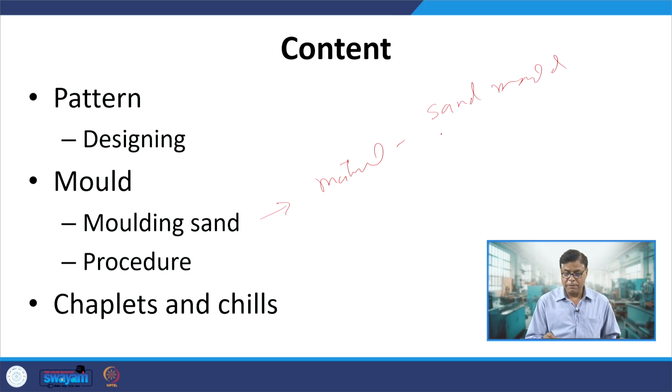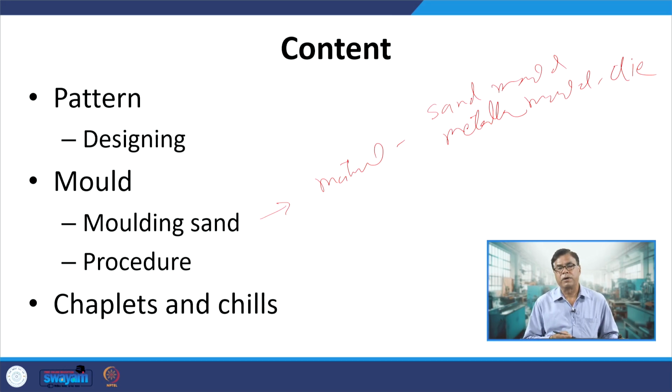But metallic molds, which are called dies, are used when the variety of designs is very limited and the number of units to be produced is high. Additionally, the quality requirements are also high in terms of dimensional control and surface finish. Then we go for the metallic mold. Additionally, we can use plastics, so these two are the most commonly used ones.